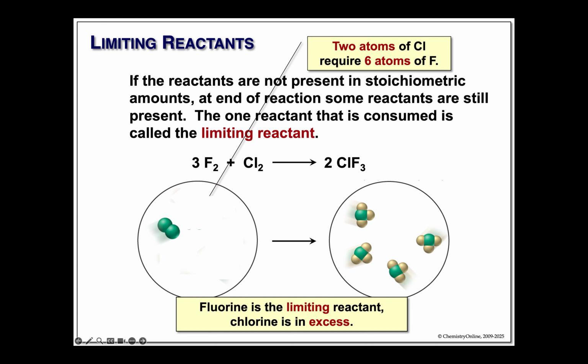We have fluorine left over. That's the excess reagent. Chlorine was limiting. So it's a simple concept. One limits the theoretical yield, the other one is leftovers. Any questions?